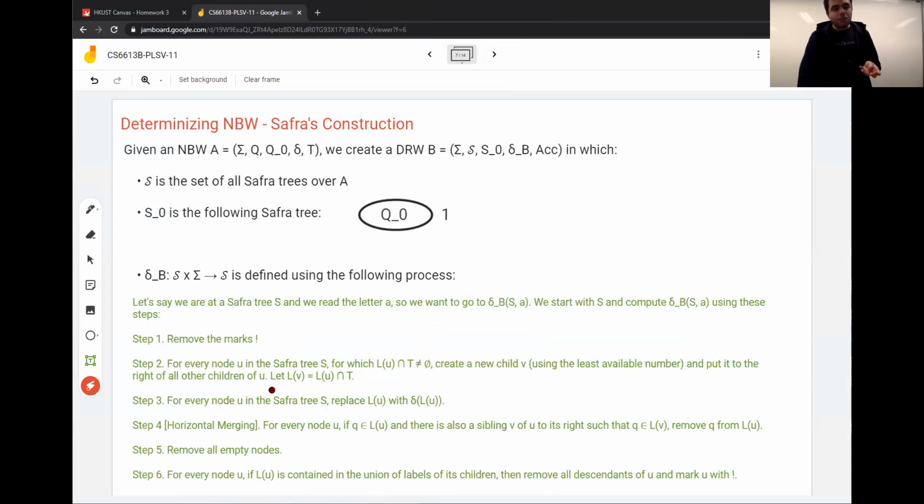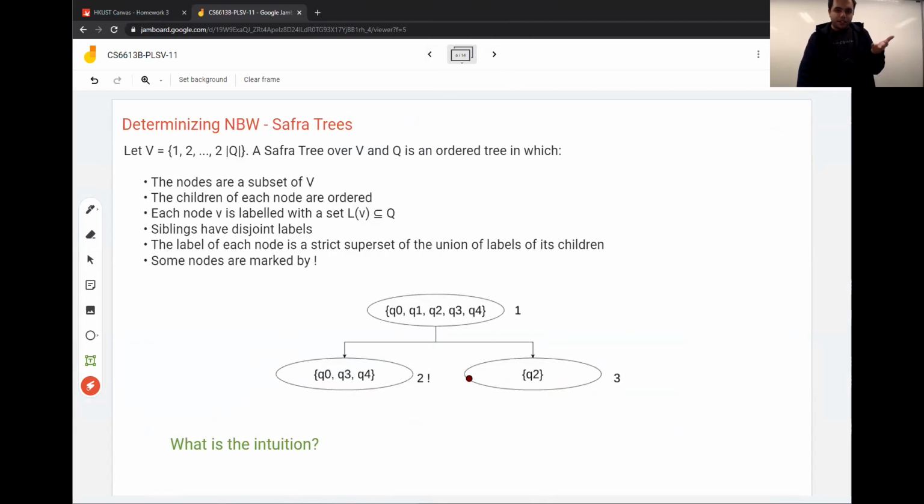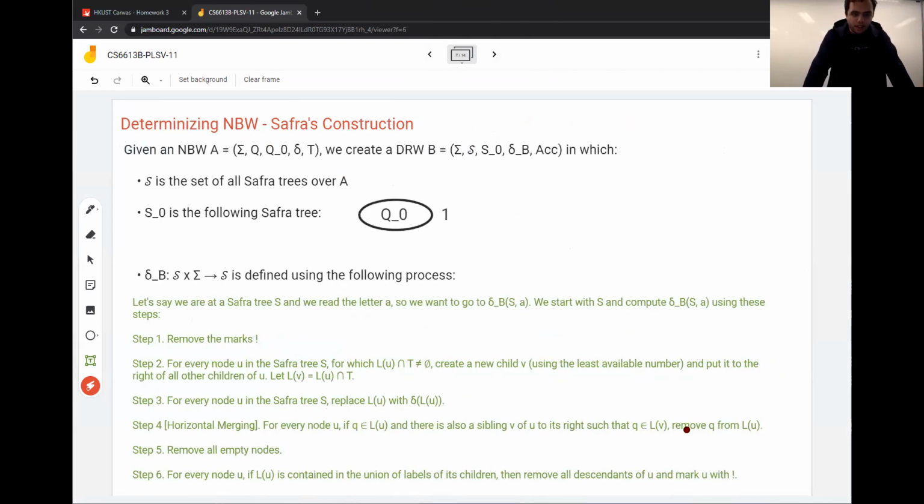And we put this child to the right of all other children, because remember that we had this ordering on our vertices, and so the order matters, and we put it to the right of all of its siblings. Okay, this is step 2. Then what I do is that I actually do the steps.